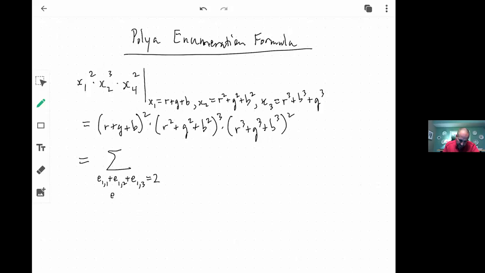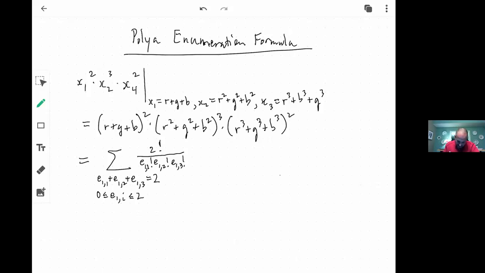And then what's the deal? E1i has to be between 0 and 2 for each one of those. So this is going to be 2 factorial over E1,1 factorial, E1,2 factorial, E1,3 factorial.